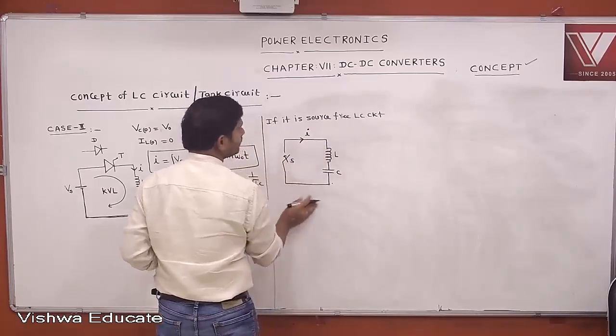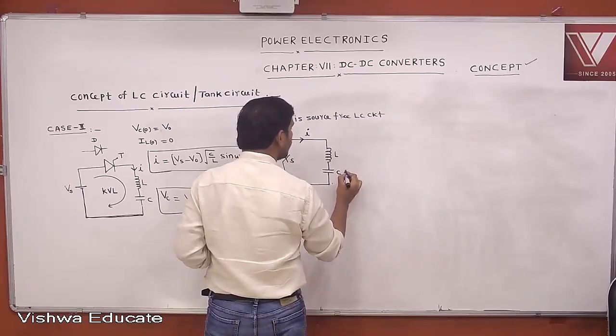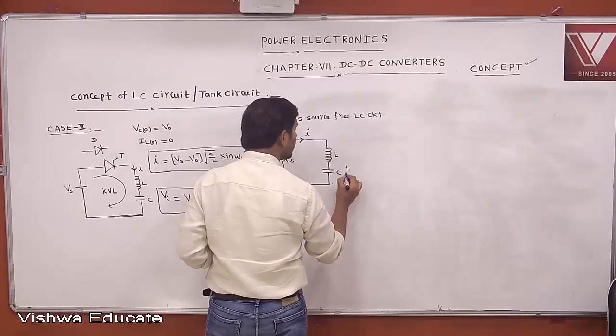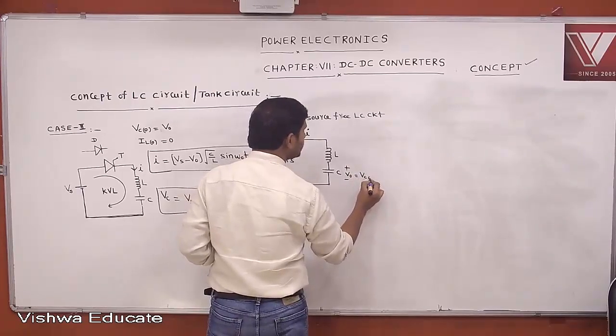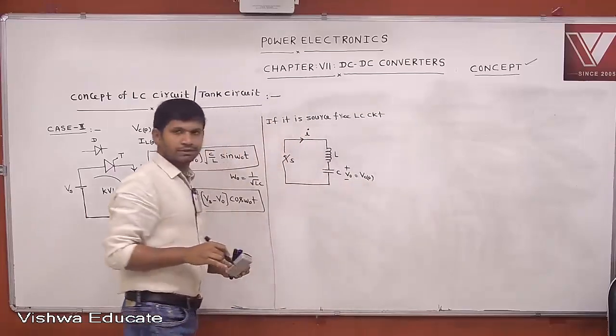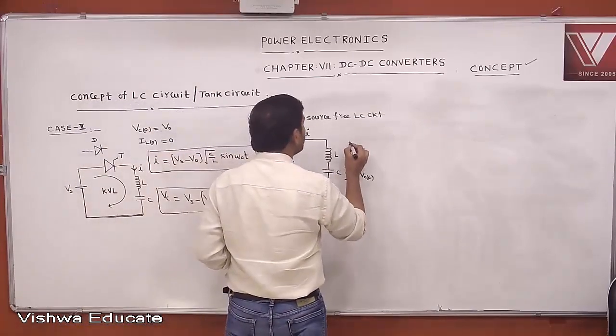This is a switch. The initial voltage across the capacitor is Vc of 0, that is, plus V0, a positive voltage.